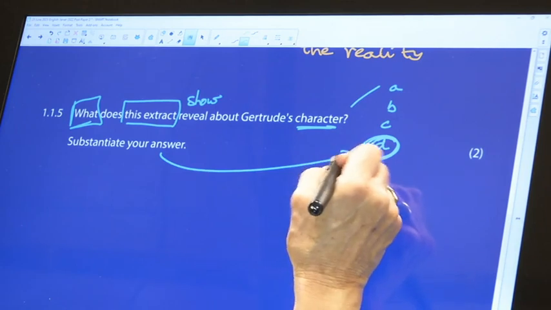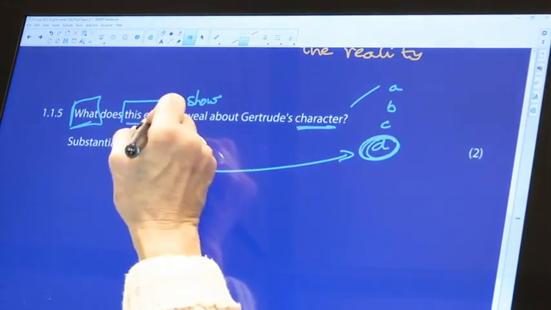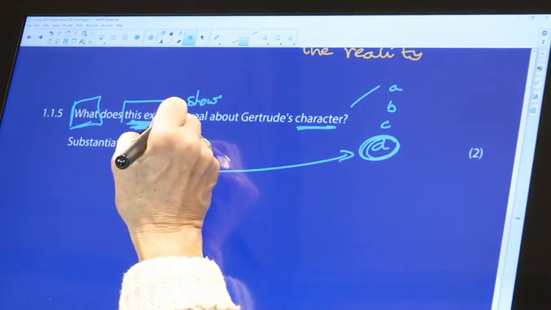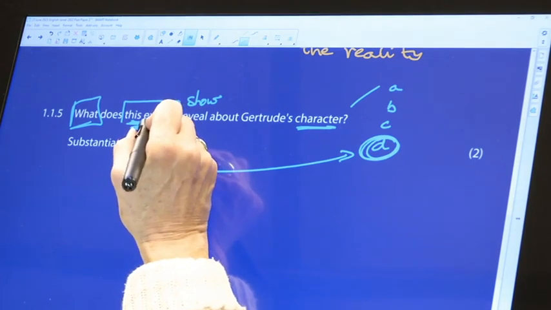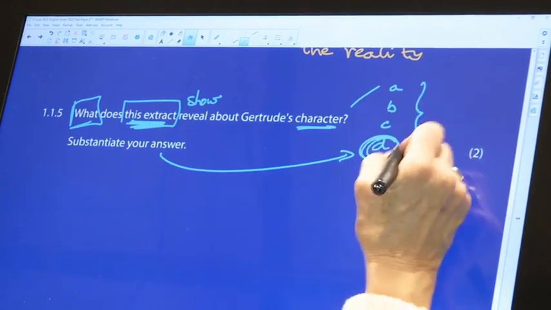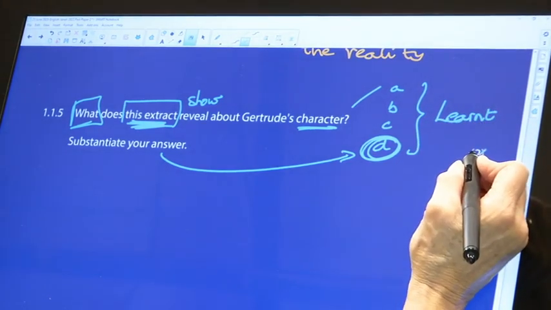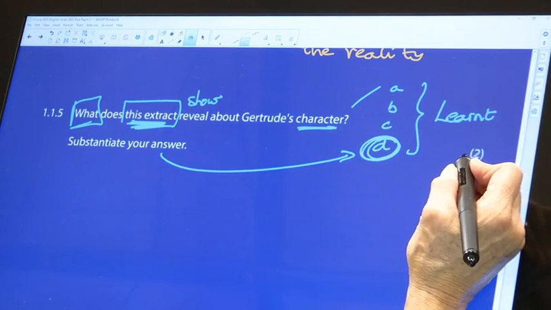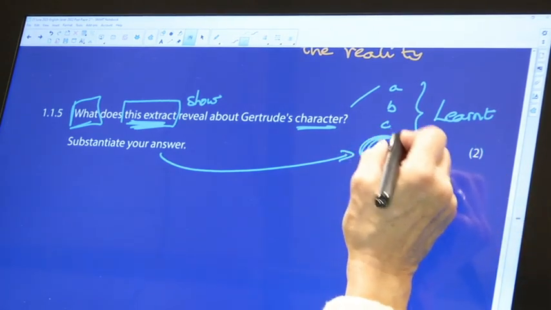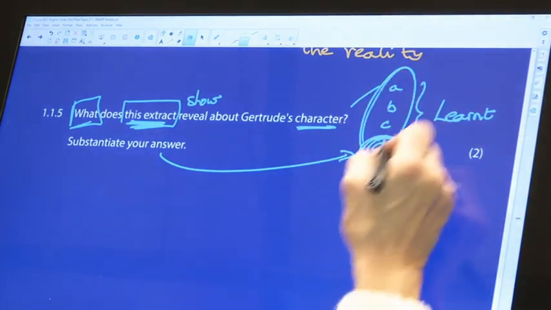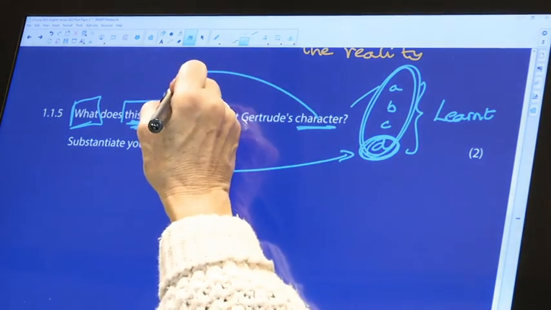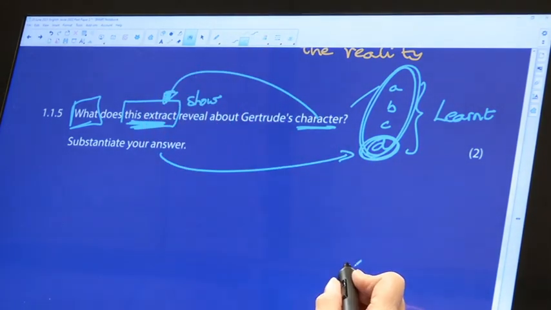So you explain D, but D isn't in this extract. So please, you must go back to the extract. Now you've studied this. This is what you've learnt. This is what you discussed in class. These are the ideas you got from your study group. But you've got to say which of those ideas about Gertrude is seen in this extract.